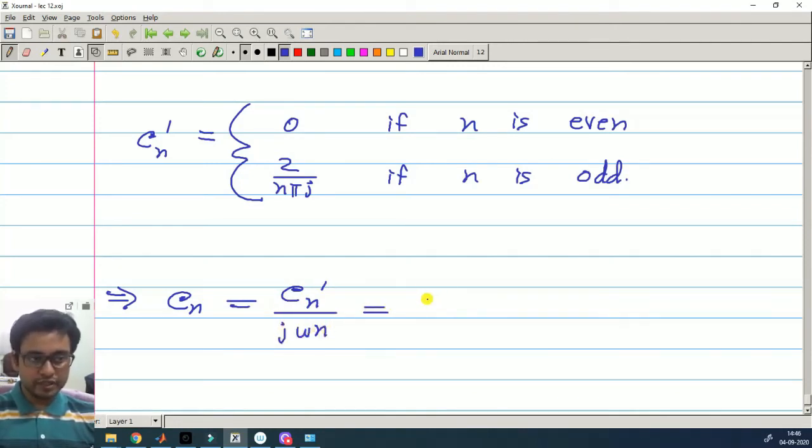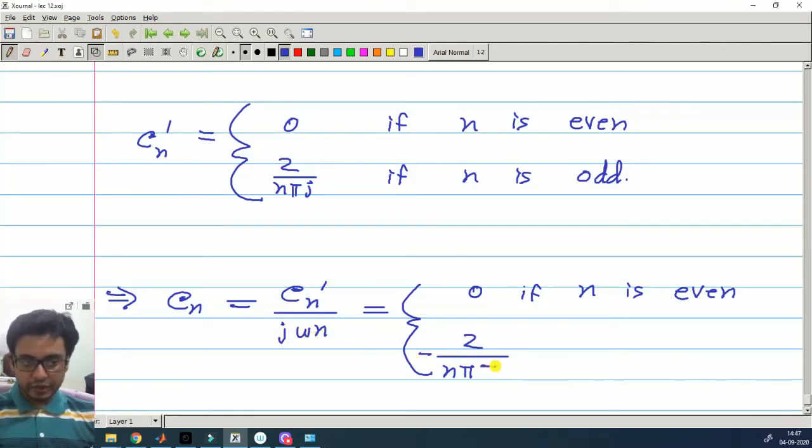So that will be equal to 0 if n is even, and otherwise 2 by n pi times j and one more j, so that will become minus 1, then omega n, and omega is pi by 2 times n if n is odd.